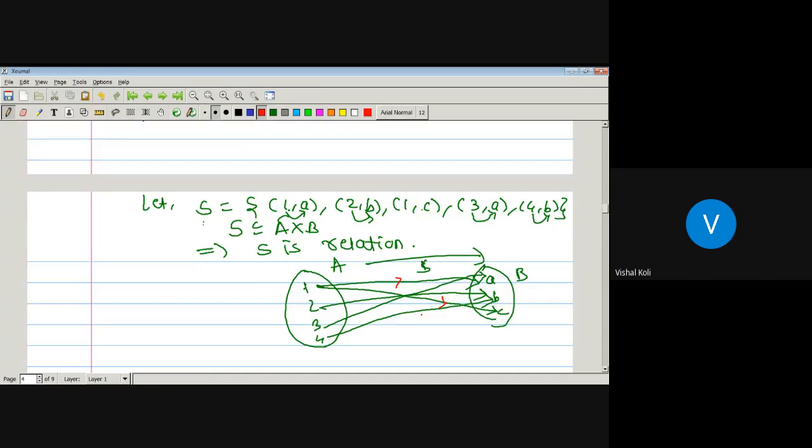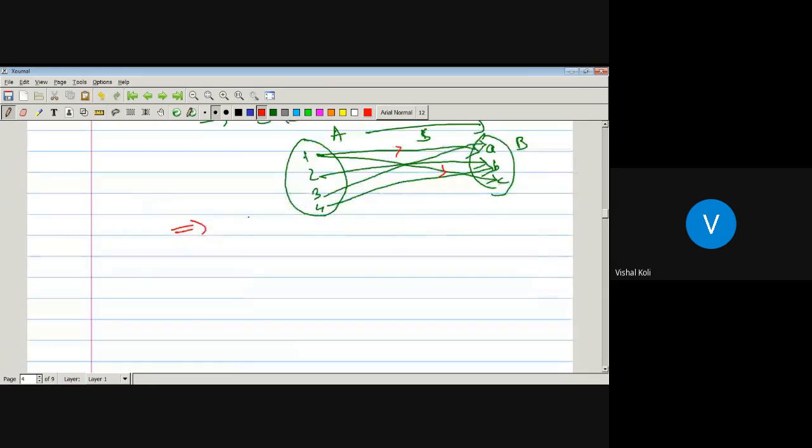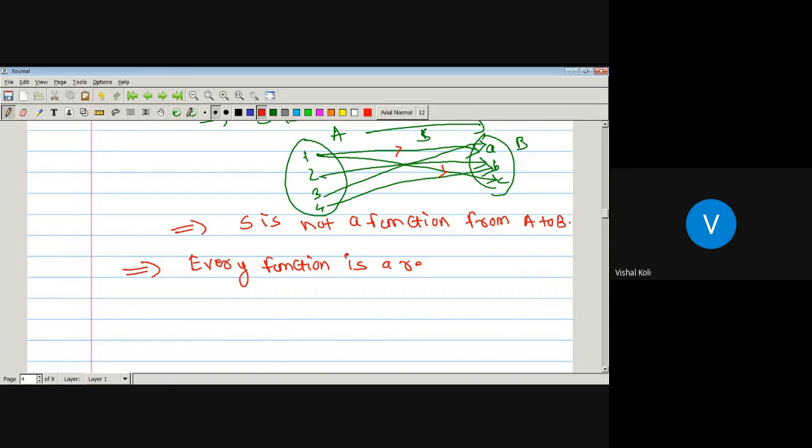Therefore, it is not a function from A to B, which implies S is not a function from A to B. Hence from this we conclude that every function is a relation, but every relation is not a function.